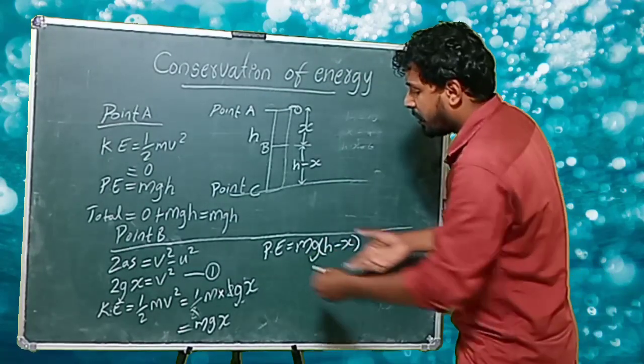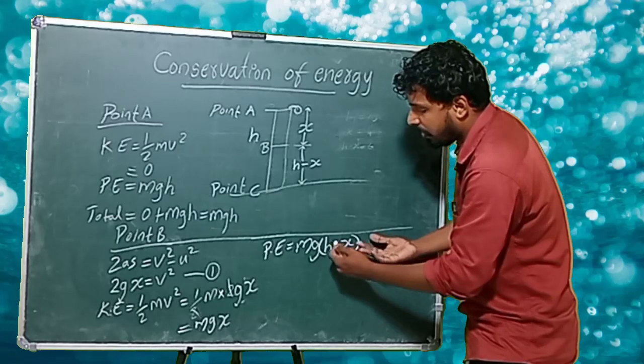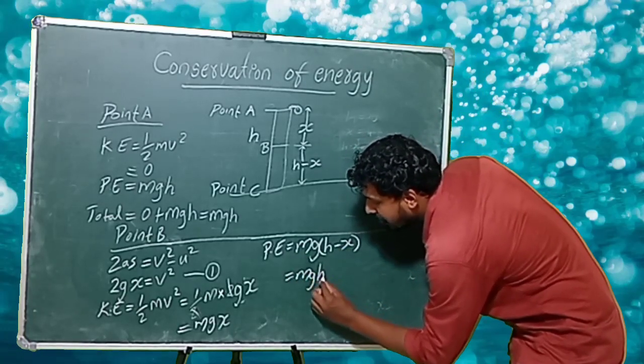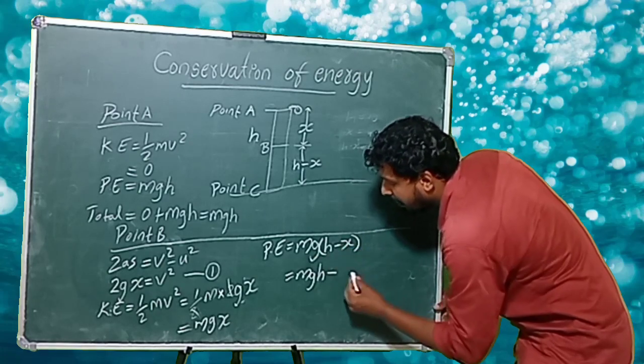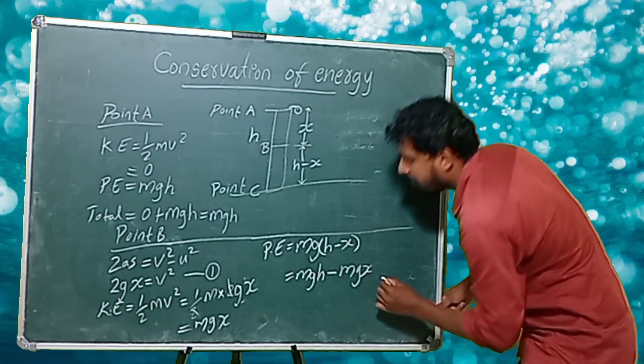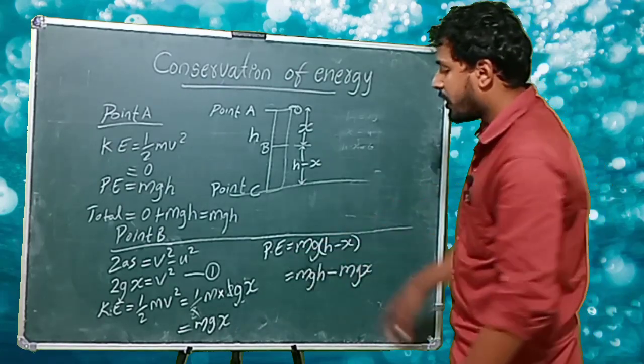Okay, then open the bracket, then you will get mgh minus mgx. Okay, this is potential energy.